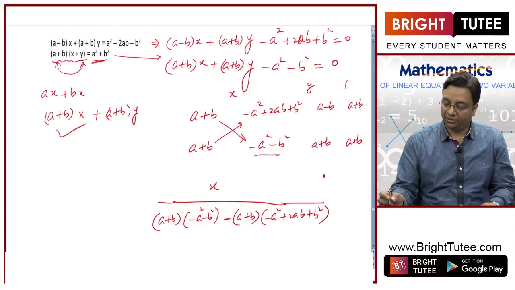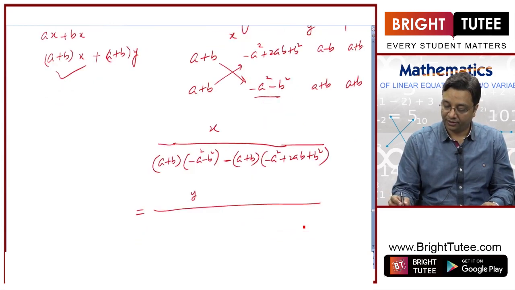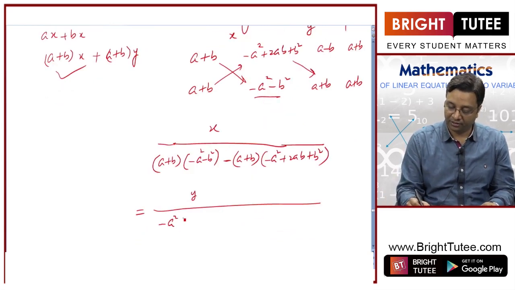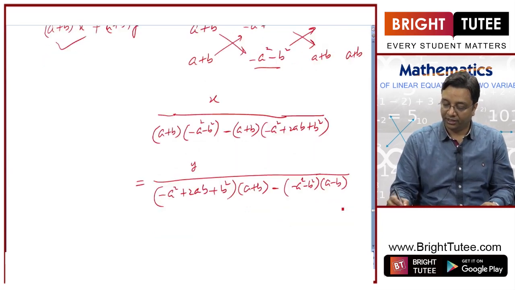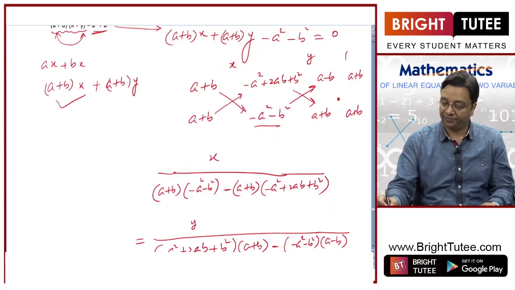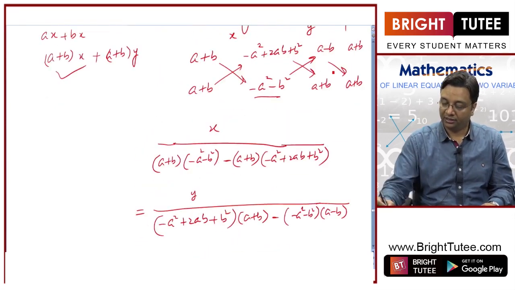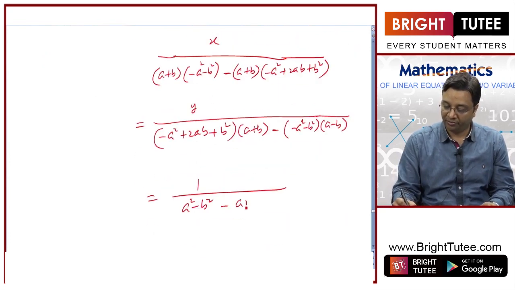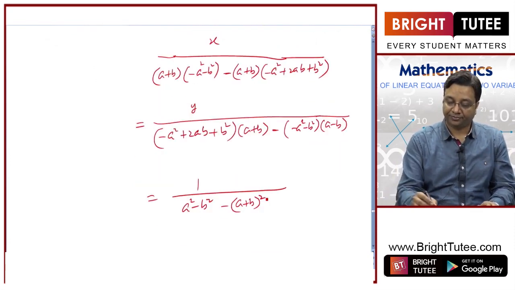For this question, I will write y separately here, y divided by this product, minus a square plus 2ab plus b square into a plus b, minus this product, minus a square minus b square into a minus b, and I'll write 1 divided by a minus b into a plus b, which is a square minus b square, and then you need to subtract this product which is a plus b whole square. Okay, let us simplify these equations.